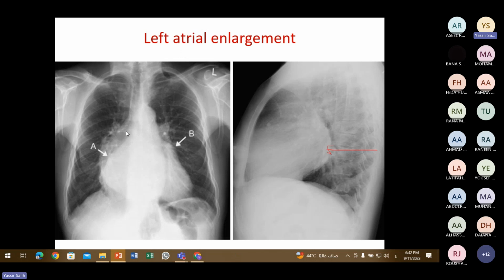Again, this image demonstrates the same. First, we have straightening with convexity. The convexity here is clear, of the left atrial appendage.